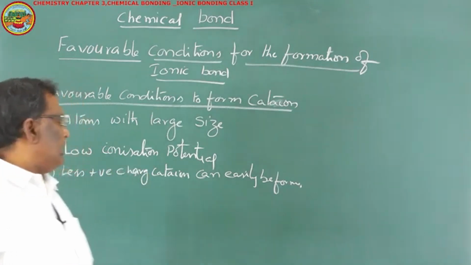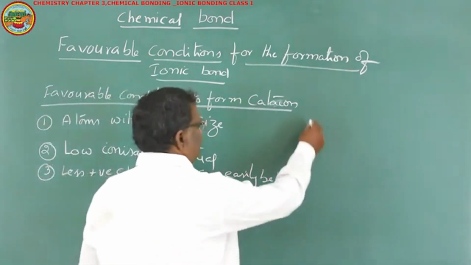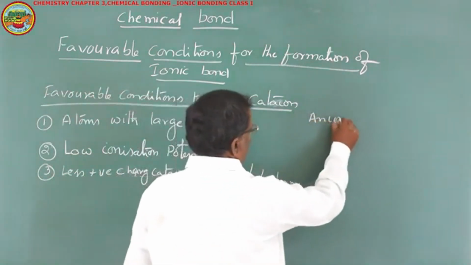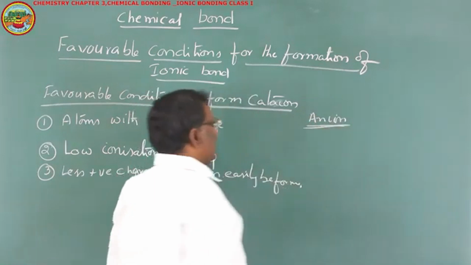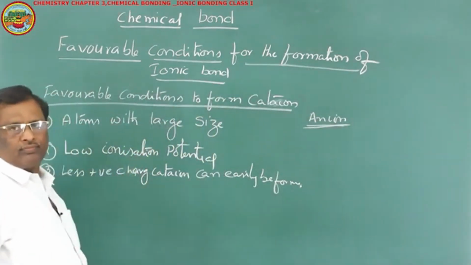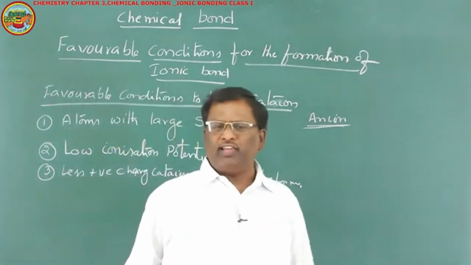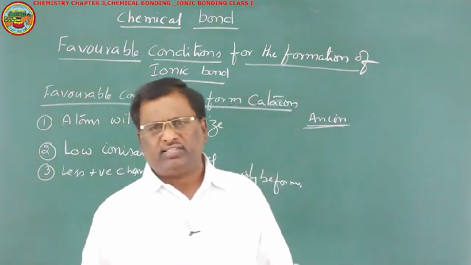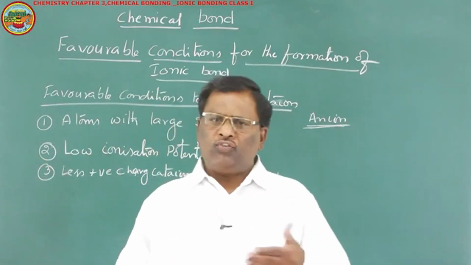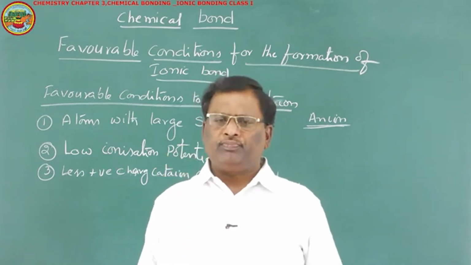Now come to the favorable conditions for the formation of anion, quite opposite to this. An atom can lose an electron easily when it has large size. Here, to form a negative ion, it has to accept an electron.